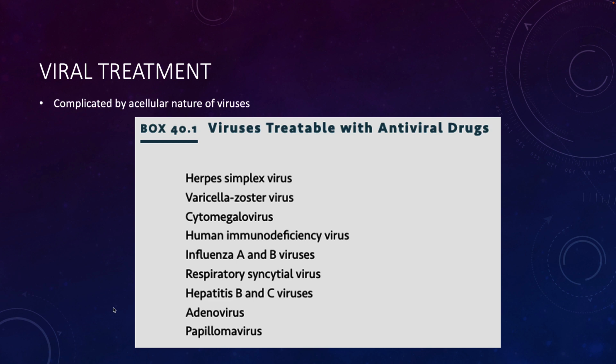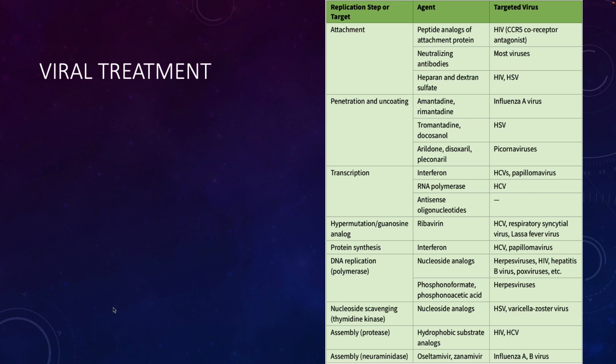However, we will talk about a lot of different viruses that have some very specific machinery, and those are easier to stop because you can target those specific viral proteins rather than host proteins. There are a number of different steps that some of these various viral treatments will stop. As we talk about the specific viruses and their specific treatments, we'll talk about how exactly those work.